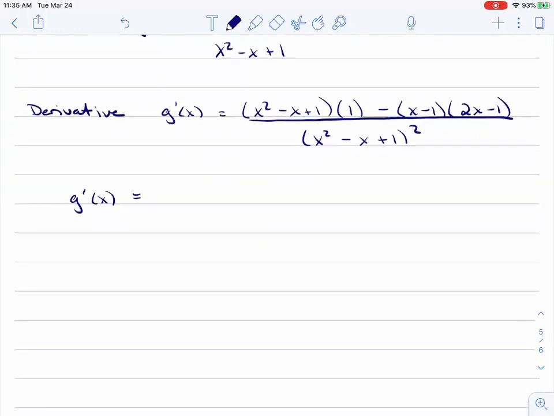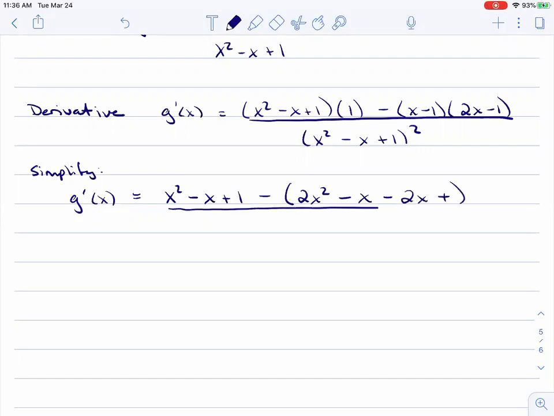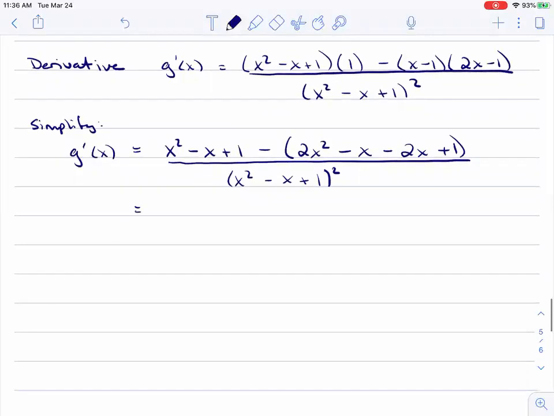G prime of x, if I simplify, I've got x squared minus x plus 1 minus 2x squared minus x minus 2x plus 1. I'm just going to leave the x squared minus x plus 1 squared in the denominator.